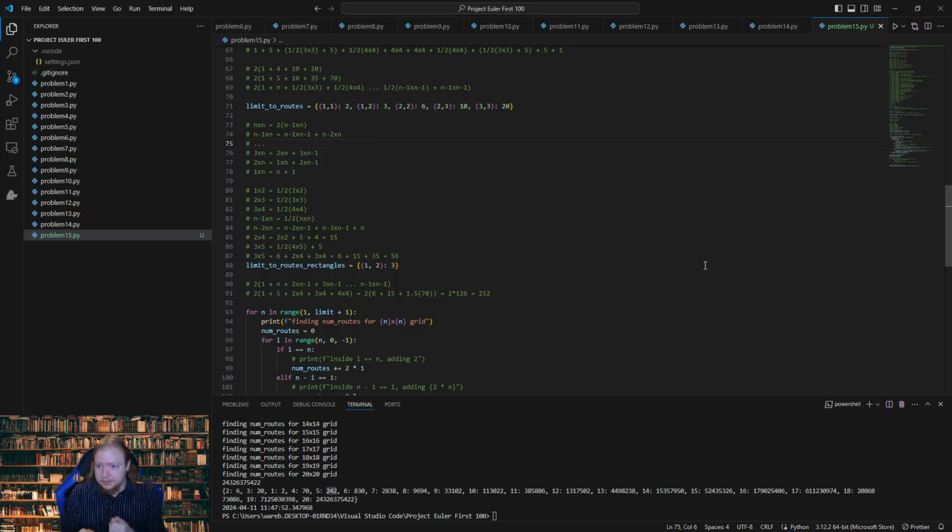So the thing is that when the ends are equal, it's just two of the smaller square.